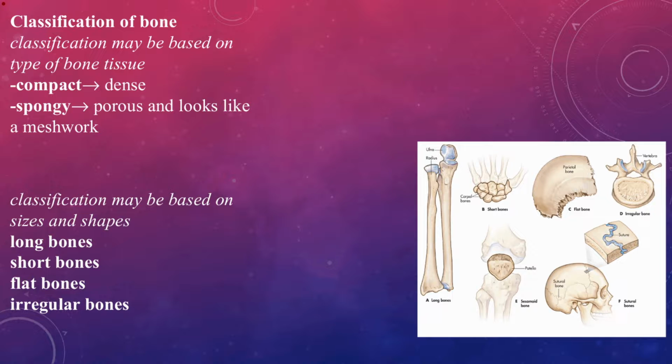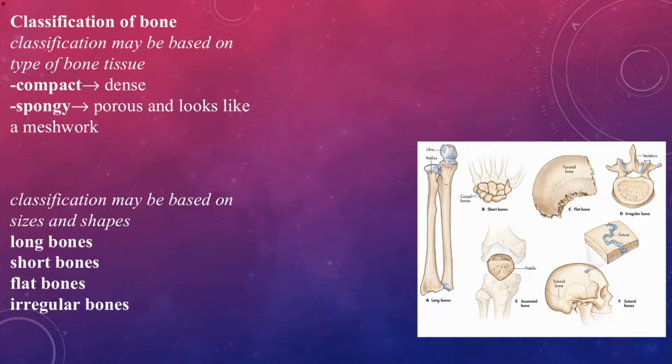When you looked at the tissue slides, when we did tissue, the tissue that had bone and looked like tree rings, that's compact bone. Those tree ring looking structures are called osteons or Haversian systems, and they're packed tightly together and they form compact bone, which is dense. And spongy bone is more porous and looks like a meshwork or a sponge, and it's less dense.